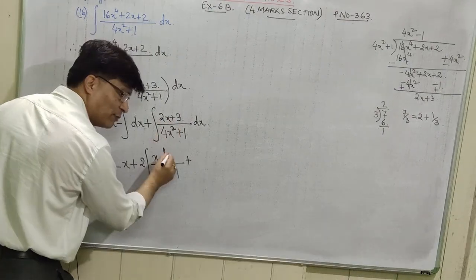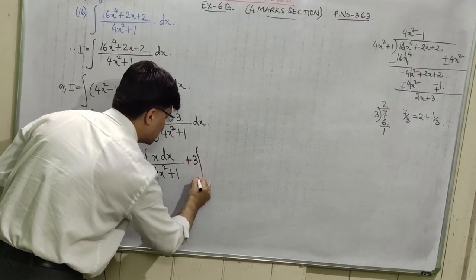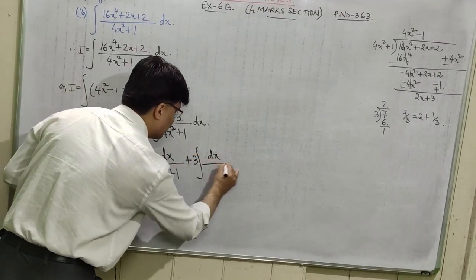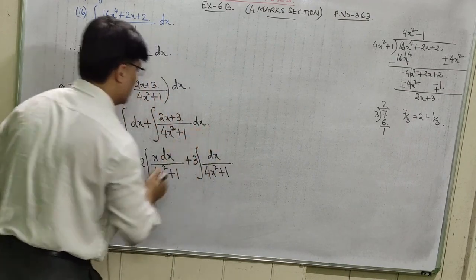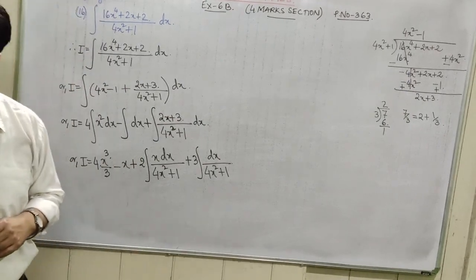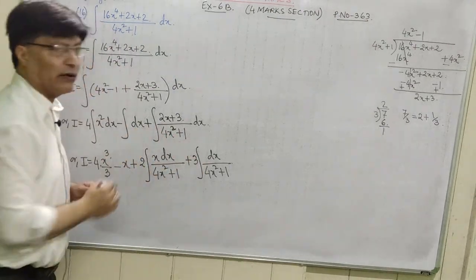It is also separated. 3 is constant, taken outside, integral sign, dx divided by 4x square plus 1. So I think you have understood it. Okay, so let us evaluate these two integrals.